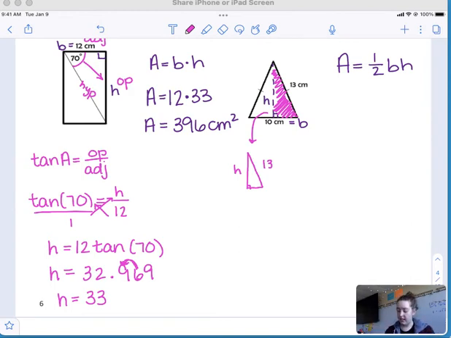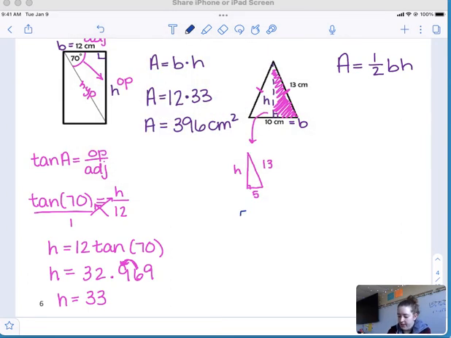So I know this is an isosceles triangle because of these two little congruent marks, right? So when that height comes down, he's going to cut that bottom side right in half. So if we take 10 and divide it by 2, we will have a 5 right here. To find the missing side, we're going to use the Pythagorean Theorem.